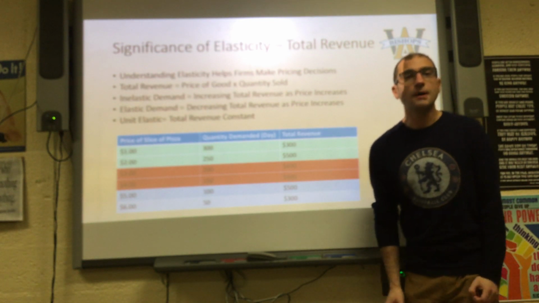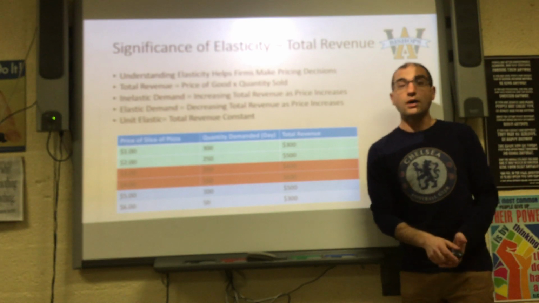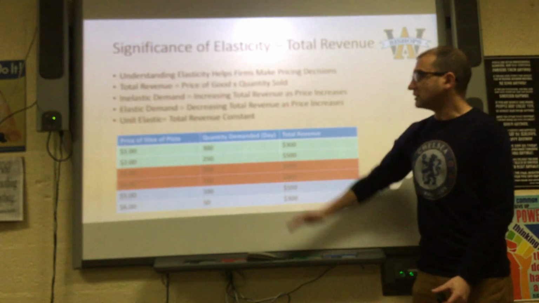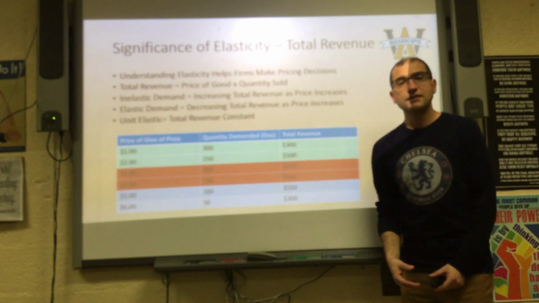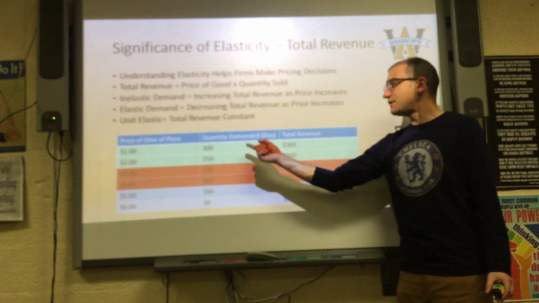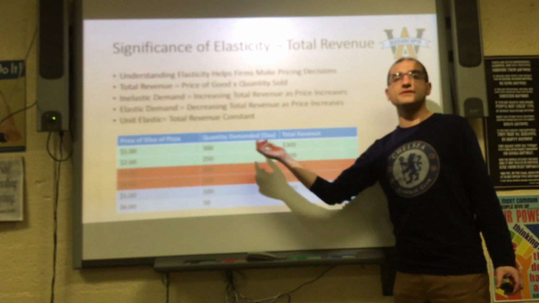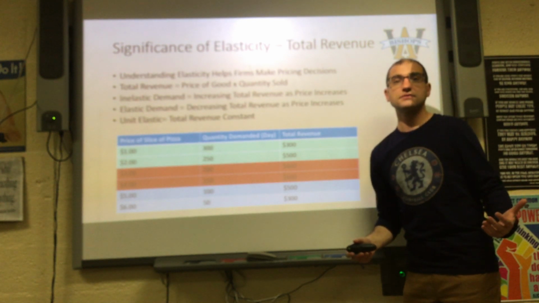Why is that? It goes back to the fact that we're dealing with percent changes of quantity. When I look at the first set here, from 300 to 250, while I'm dropping by the same 50, that drop is a relatively smaller percentage of the quantity demanded.